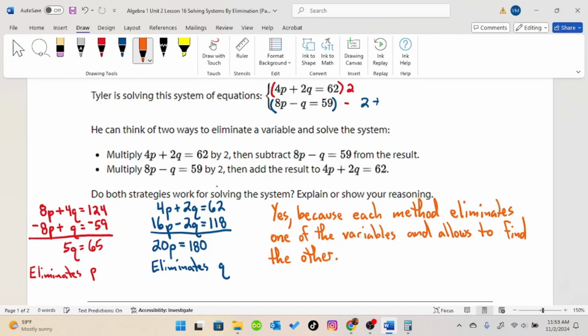So many times there are multiple ways to reach elimination and then allow you to find the variable you didn't eliminate and then substitute that value back into the original equations and solve for the variable that you eliminated in the first place, thus finding your solution.